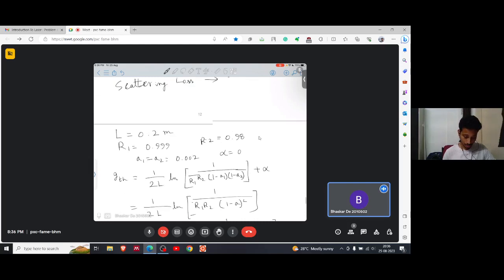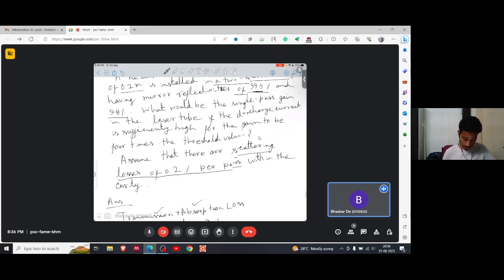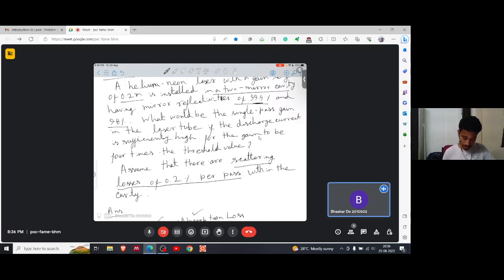Now what was the main problem? What would be the single pass gain in the laser tube if the discharge current is sufficiently high for the gain to be 4 times the threshold value?